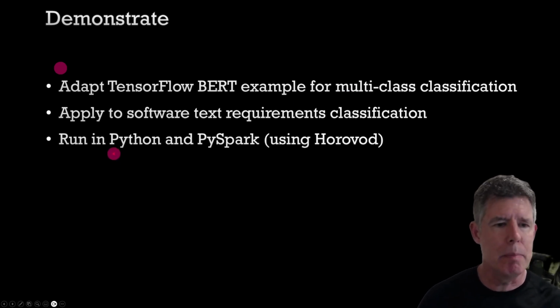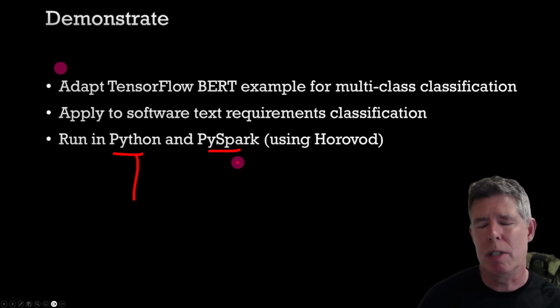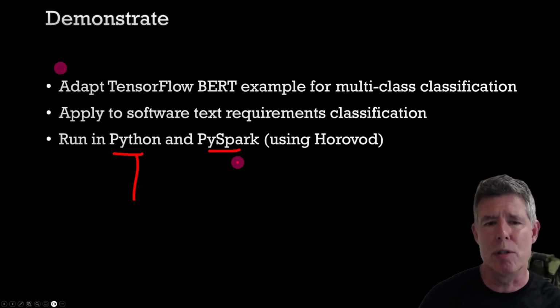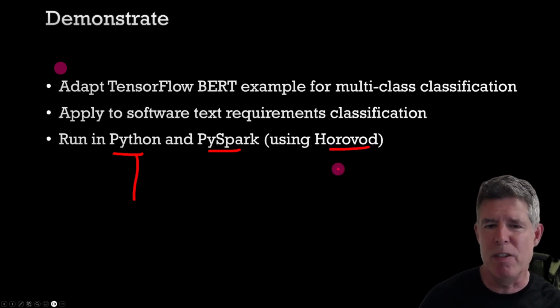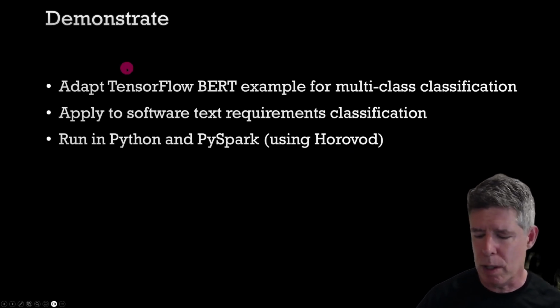We ran it in Python, which is sort of the standard. Most of your examples are there. But also we ran it in PySpark, which allows you to do your training over a distributed cluster, and in order to use that in PySpark, we used Horovod, which seems to be a very popular framework for this purpose. All right, so that's all we got. I hope it works for you. Good luck.